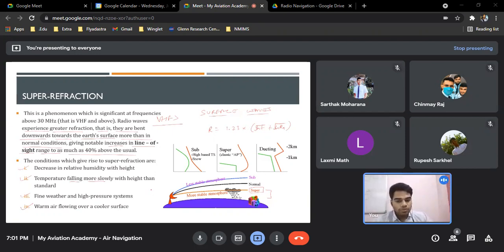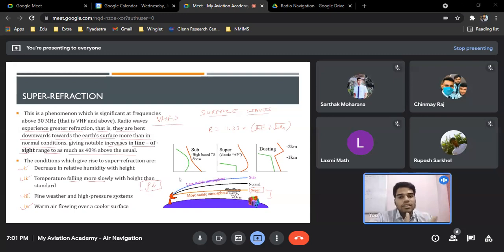In all of them you will see that the density overall is coming down. When the density comes down, the radio waves have a much better range than normal because the attenuation is less and the refraction increases.